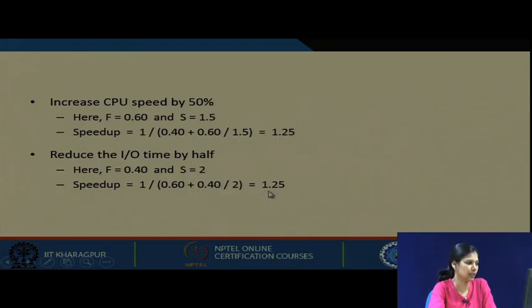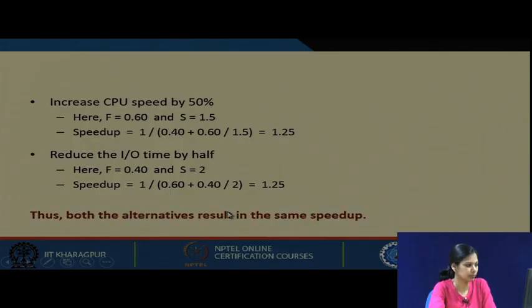So, what we can see is that both increasing the CPU speed by 50% or reducing the IO time by half, we are getting the same result. Both alternatives result in the same speedup.